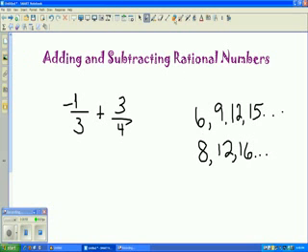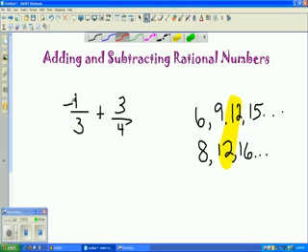We don't have to keep going, because if you notice right here, we have twelfths and twelfths, and that's our smallest common denominator. So when we're adding and subtracting fractions to find a common denominator, that's what you're going to do. You're going to look at your denominators and figure out what the common multiple is for those denominators.